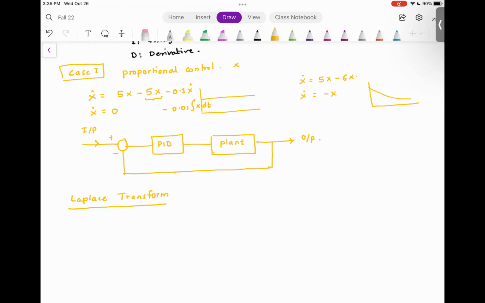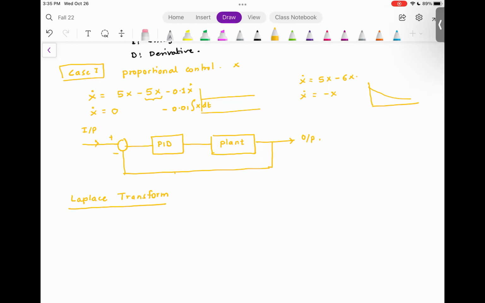What does Laplace transform do? Say you have a differential equation. If you want to solve the differential equation, what do you have to do? You have to perform integration. Do you agree with me? If you use Laplace transform, then that differential equation gets converted into an algebraic plus or minus equation, which is very easy to solve.